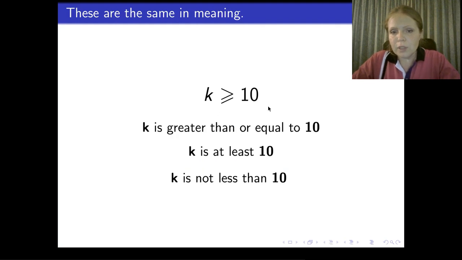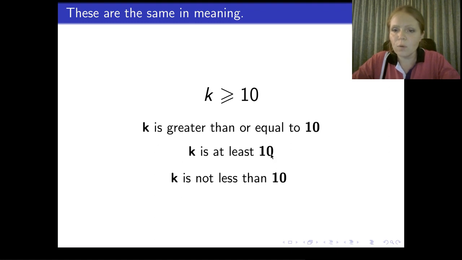For example, you are given k is greater than or equal to 10. For this inequality, a legal reading is k is at least 10. What does it mean? The smallest number k can be equal to 10, or this number k must be more than 10.